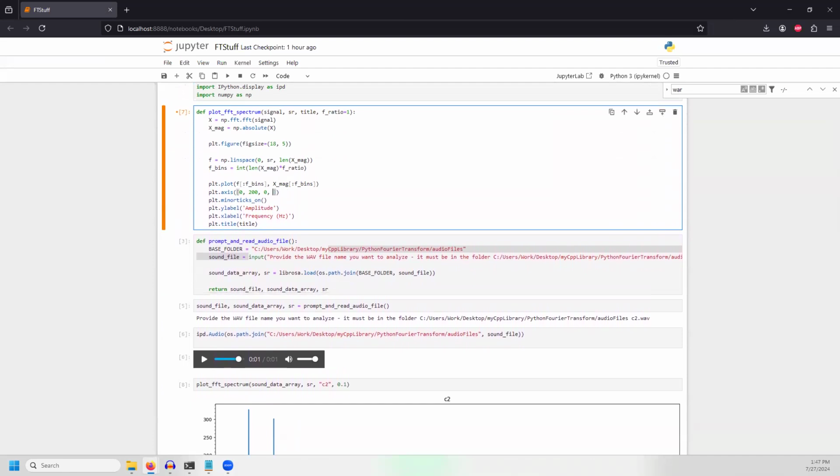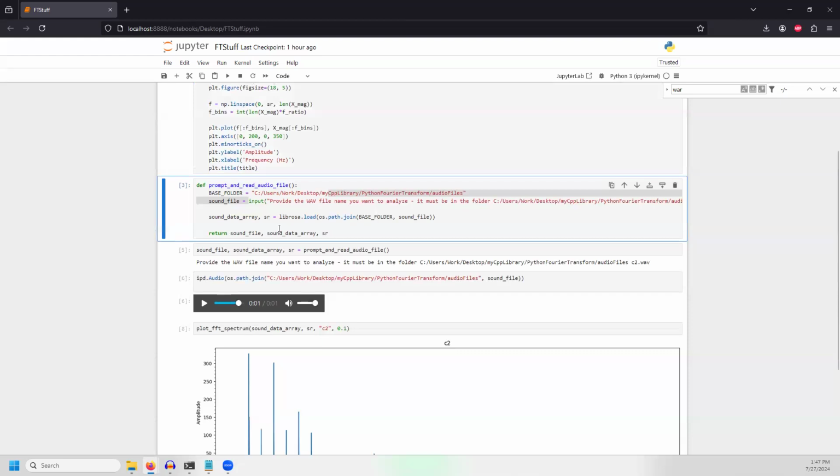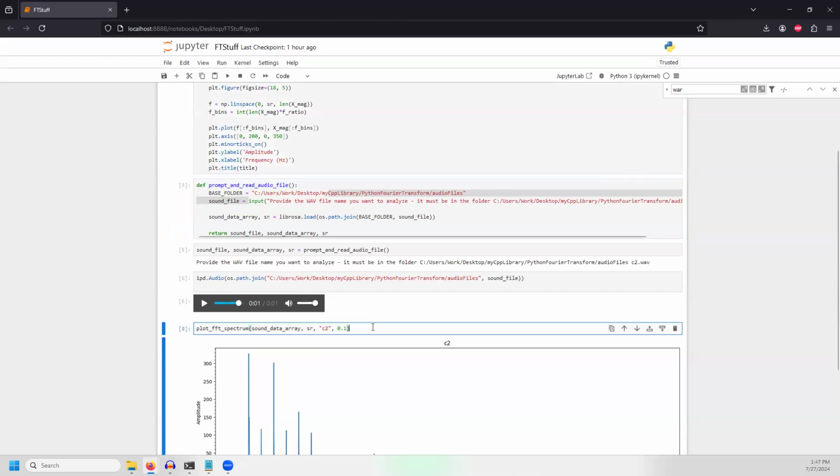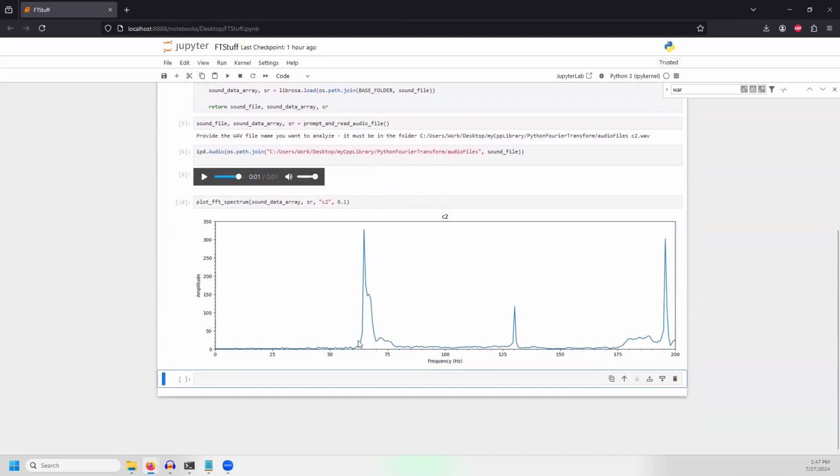So if we go to 350, rerun and rerun. I said 65. So here's this peak, and these are in increments of 2.5, I think: 52.5, 55, 57. So divisions of 3: 53, 56, and 57.